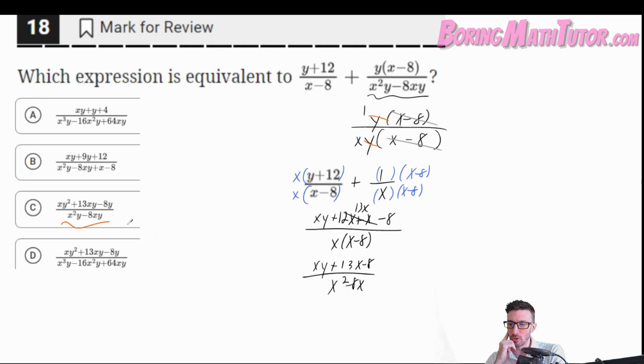But then in order to get it to look like that one, I would just multiply everything by y. Now that would make the bottoms the same. But in that case, would the top be the same? Well, let's take a look. xy times y, xy squared looks pretty good. y times 13x, 13xy, okay. And y times minus 8, yes, that actually is our answer.